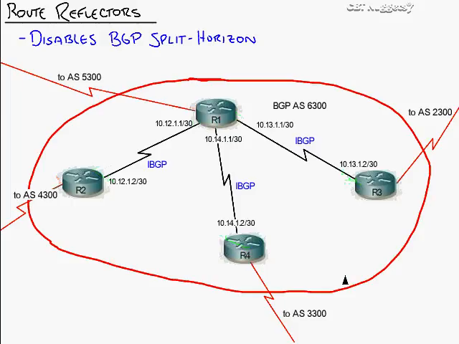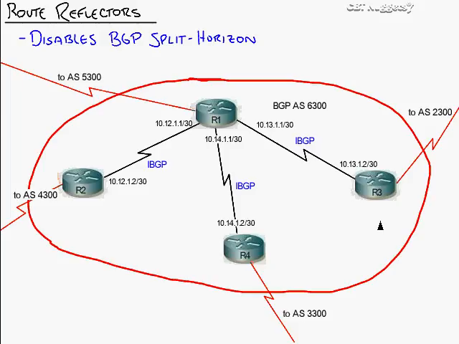So the best thing to do with route reflectors is to follow your physical topology and follow your iBGP relationships that are already there. You may need to remove some of the relationships. In this case, we should only have iBGP peers between the routers that are physically connected. There should be no other iBGP relationships that are unseen in this diagram. So here's the way to do it.